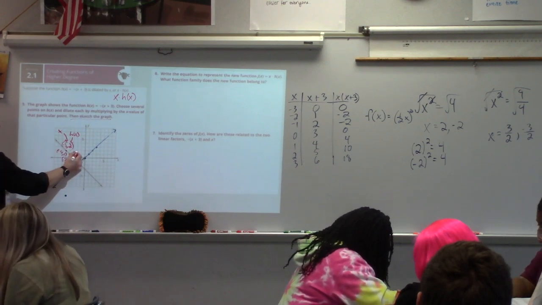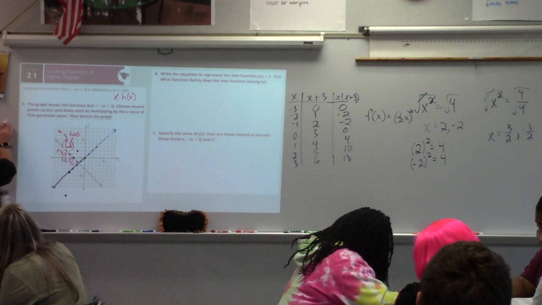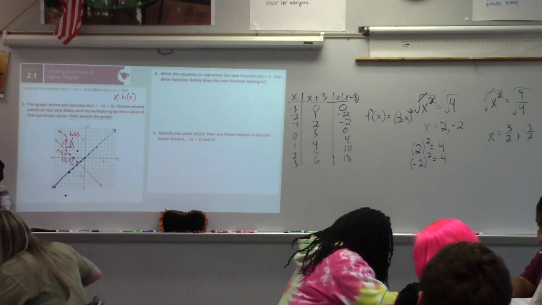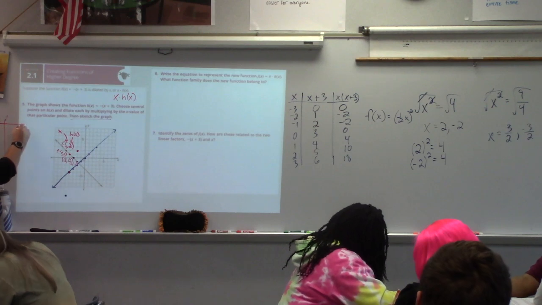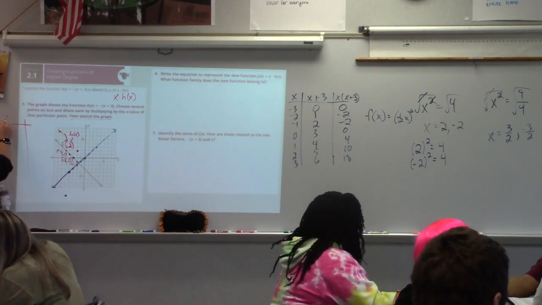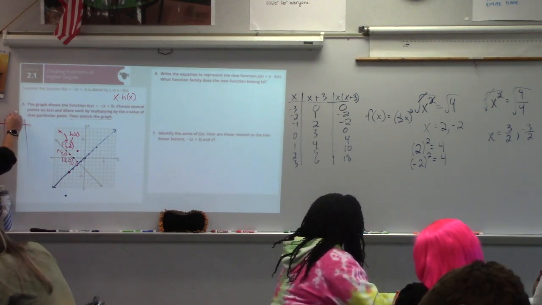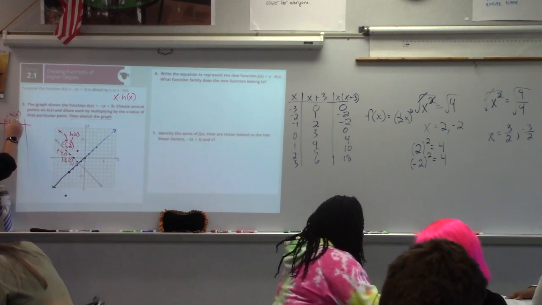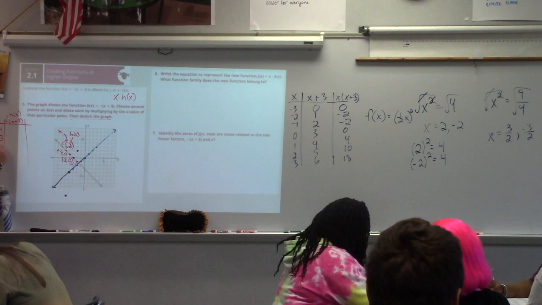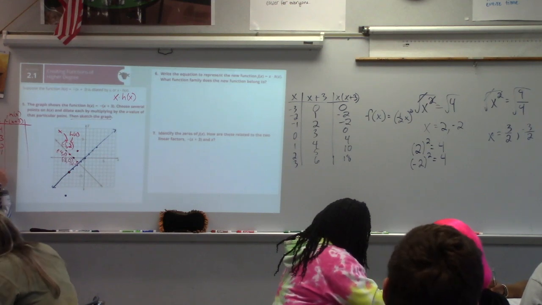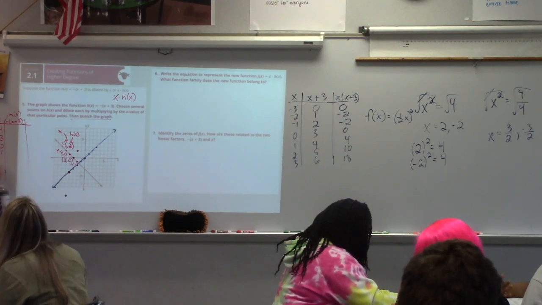So -2, 2. Now, this is why I recommended making a table, because it'll help you organize things. And remember, as h of x, or -x plus 3. So you could have just quickly, and should have quickly, grabbed points off of the line.